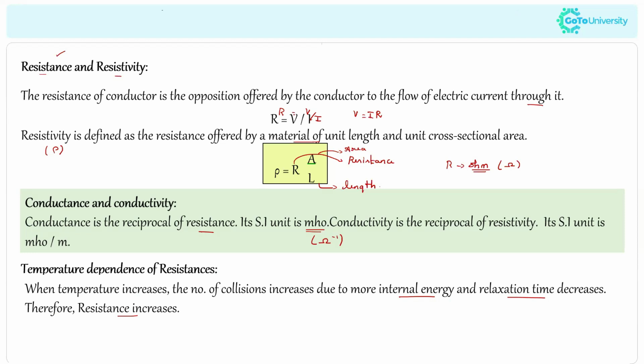And the formula we will use to find the temperature dependence of resistance is alpha is equal to RT minus R naught divided by R naught times T. So here alpha is representing the temperature coefficient of resistance. By using the temperature coefficient of resistance, we can say how the material is responding to the temperature.